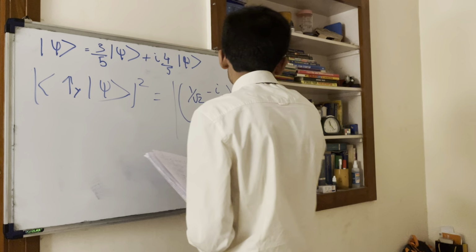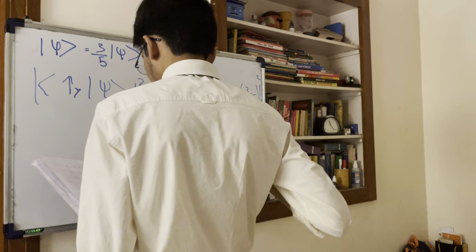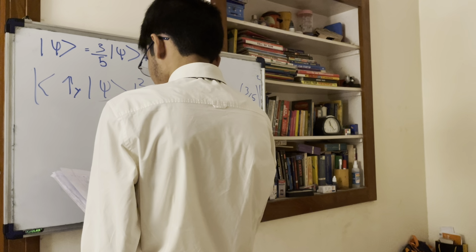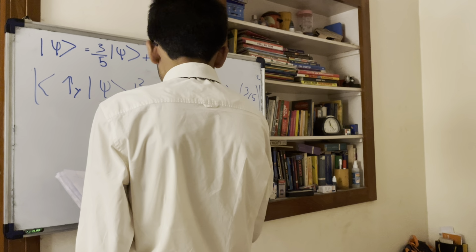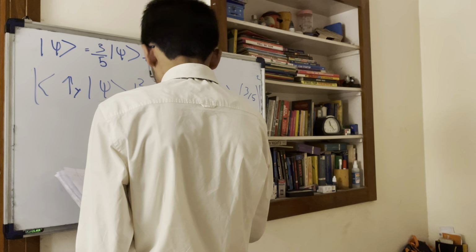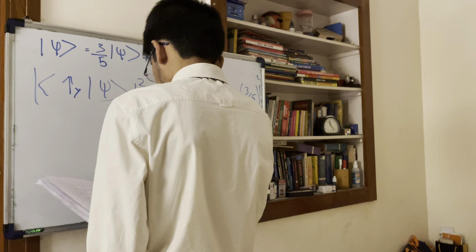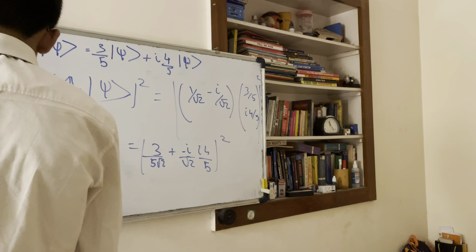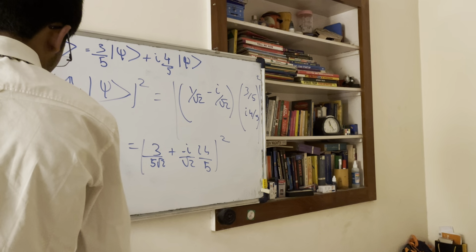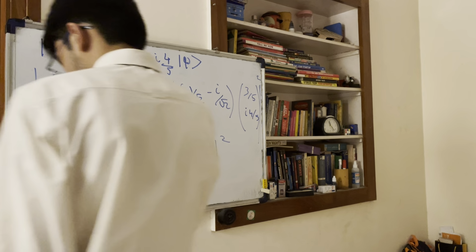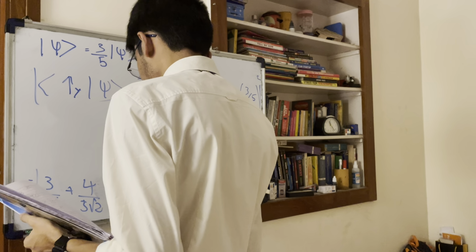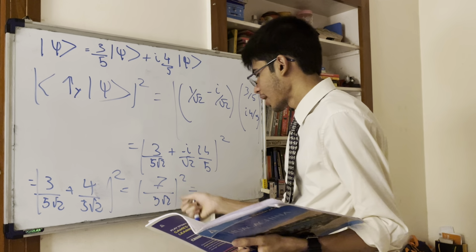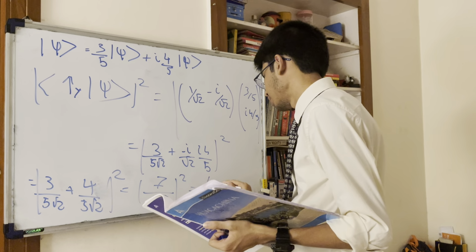I have to square this whole thing, which will give me 3 by 5 plus minus. This will give me 49 by 50.